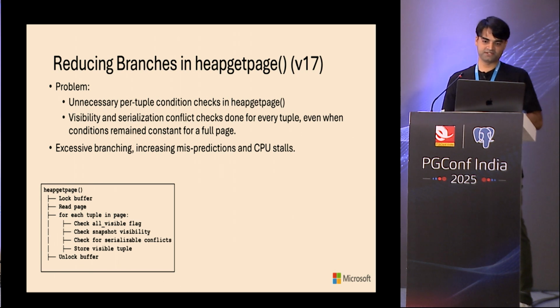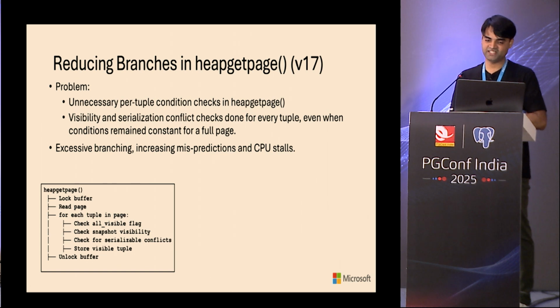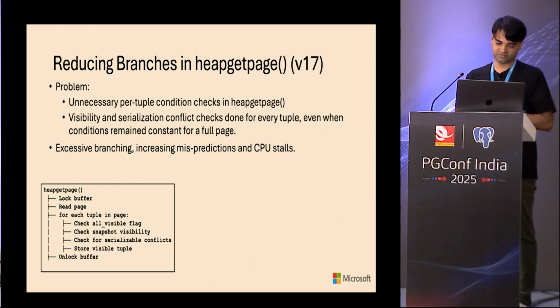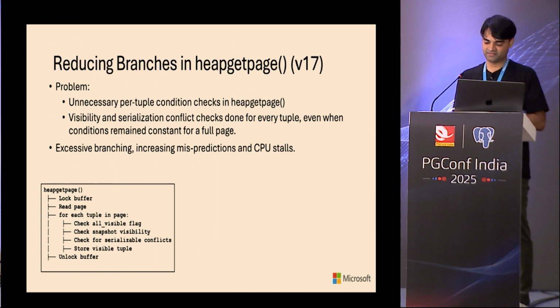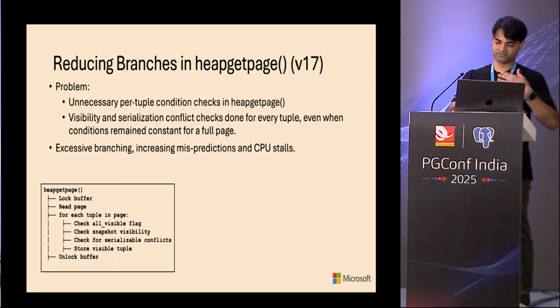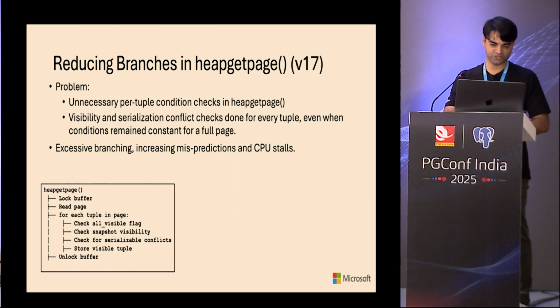And the previous versions of heap get page had many conditions that were checked for each tuple, even if those conditions remained the same for each tuple. For example, the condition to check if the tuple is visible, and the condition to check if it's visible to the snapshot in the serializable case. All these conditions were checked for each tuple, and this caused a lot of mispredictions and CPU stalls.